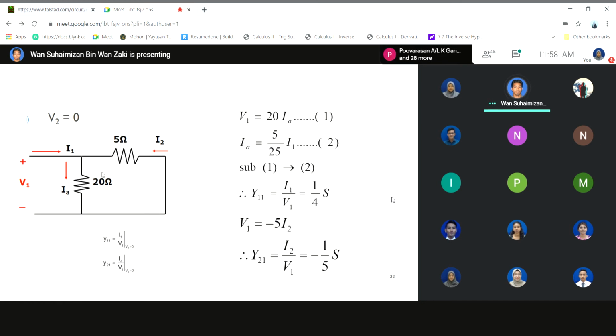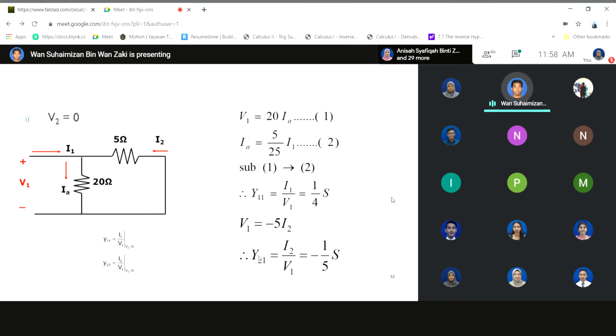From here, IA equals 5 over 25 plus 5, which is 25, times I1. So this is IA. V1 equals 20 times IA. You replace IA with the equation, and you get a ratio between I1 and V1. From there, you get Y11 equals 1 over 4 S, the unit being Siemens.